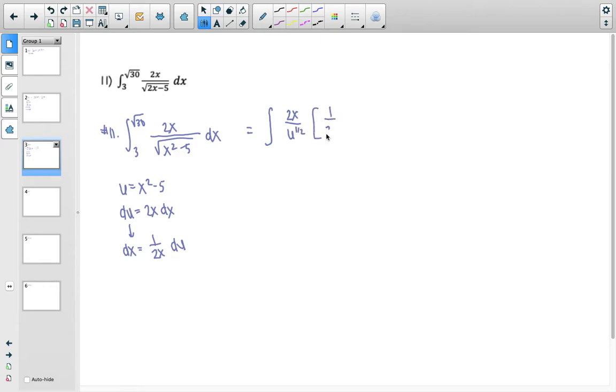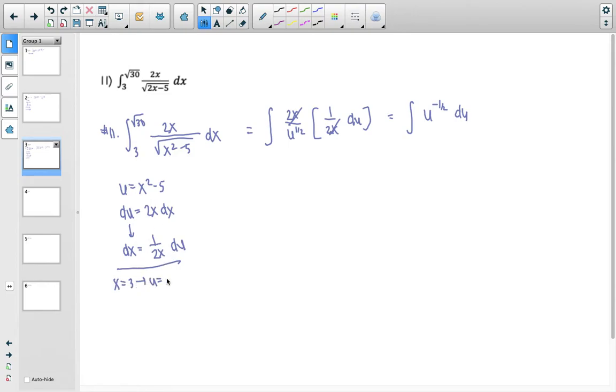And then 1 over 2x du. The 2x's cancel, okay, leaving you with u to the negative 1/2 du, because I don't want it in the denominator anymore.